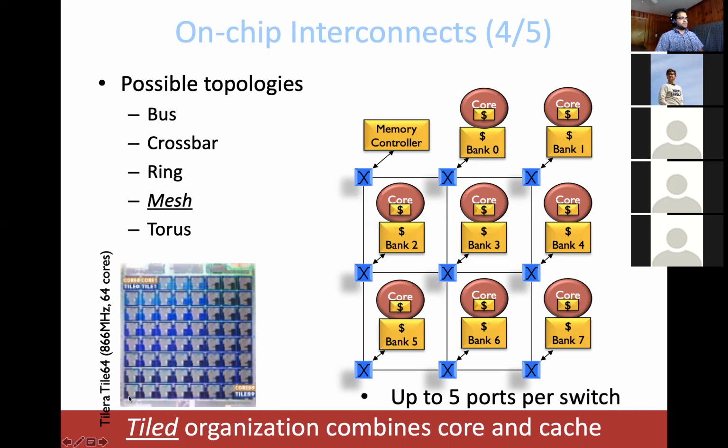A simple issue that arises with this kind of organization is that placement of computation becomes very important, because if you have to communicate with something that's far away, it takes very long to transfer or to do coherence traffic between these cores.